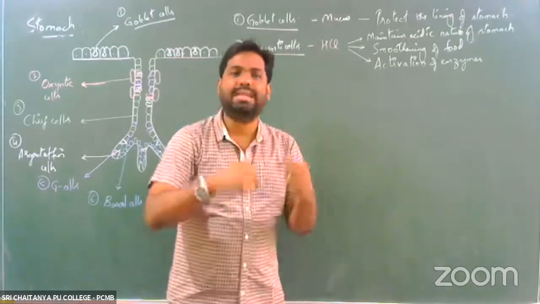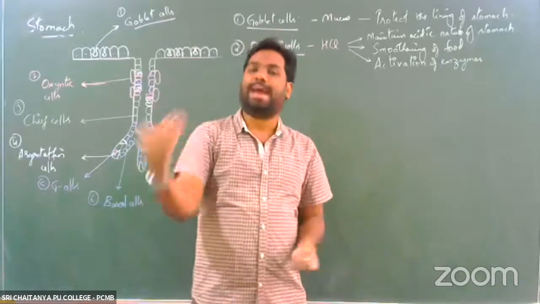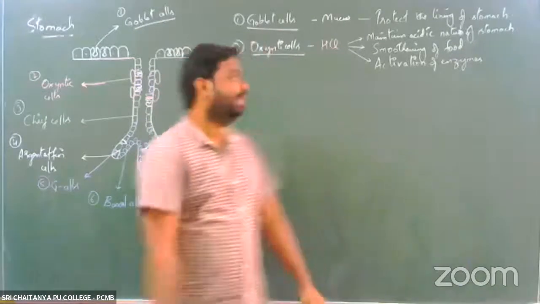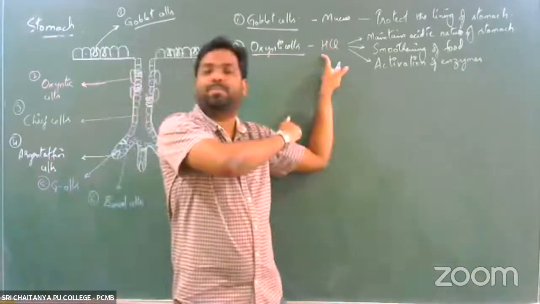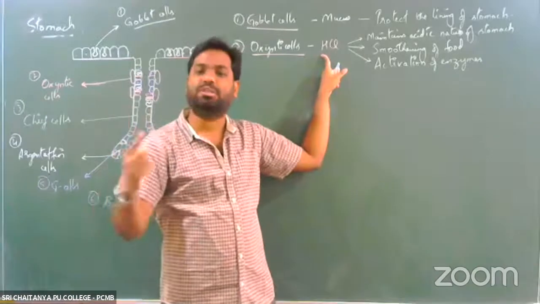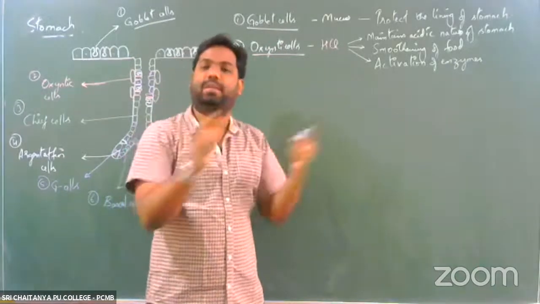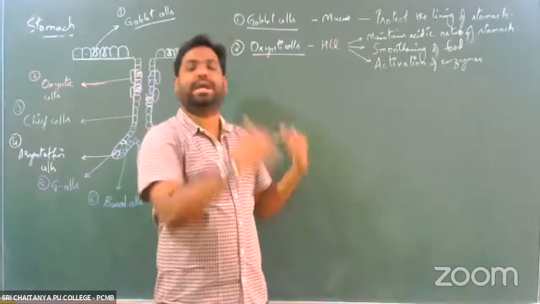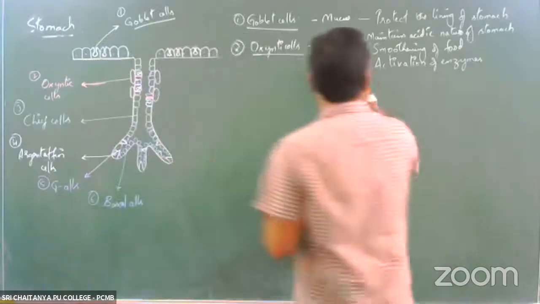For those enzymes to act on the substrate, that is the food that we eat, they have to be activated. HCl is the one responsible for their activation. Without HCl, there is no activation of the enzymes, and if there is no activation, there is no digestion taking place in the stomach. That important is HCl. And one more last function we can take up.